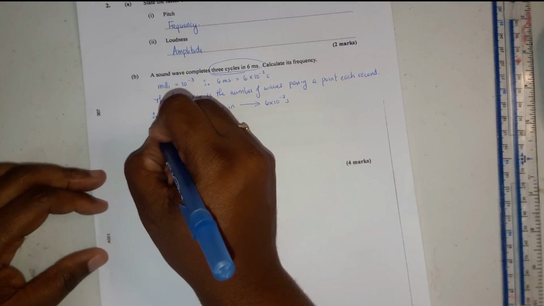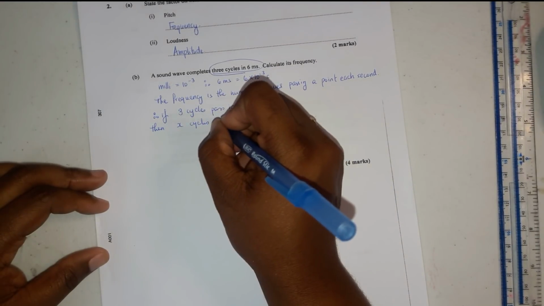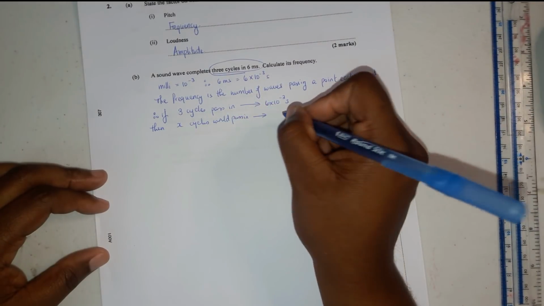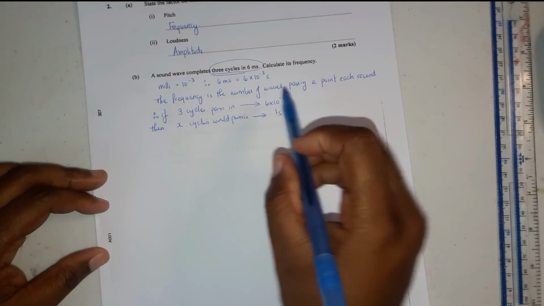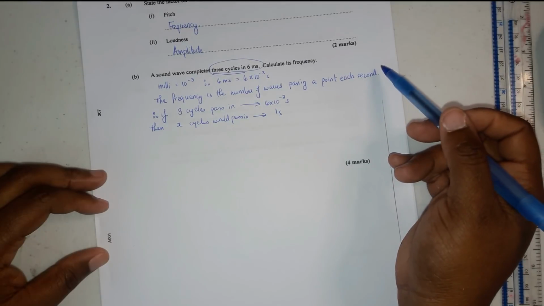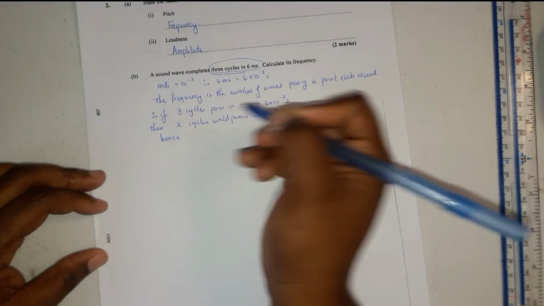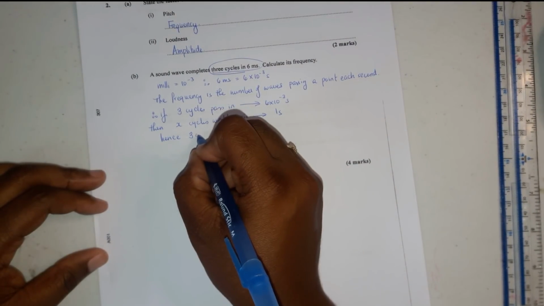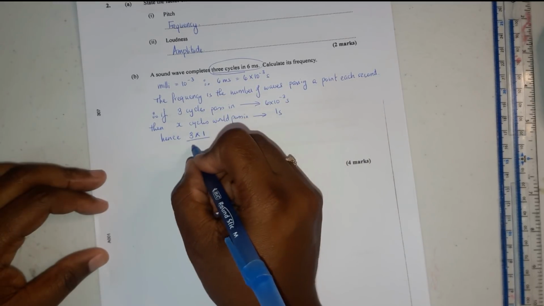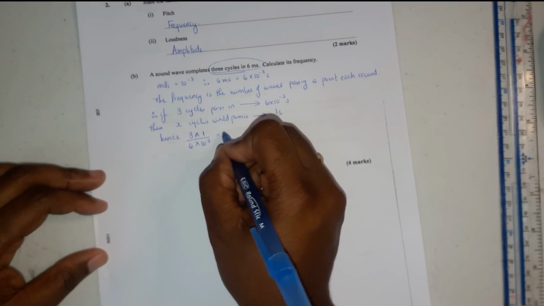Then x cycles would pass in 1 second, because frequency is the number of waves passing a point each second. Hence, 3 times 1, divided by 6 times 10 to the negative 3, will be equal to x.